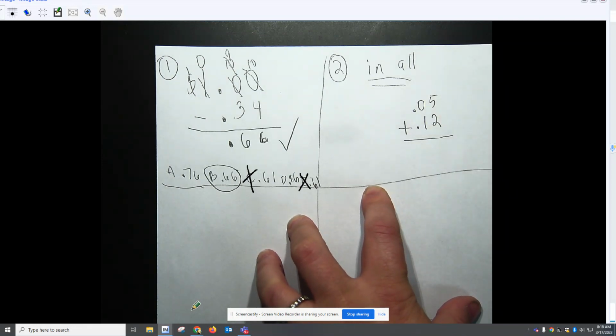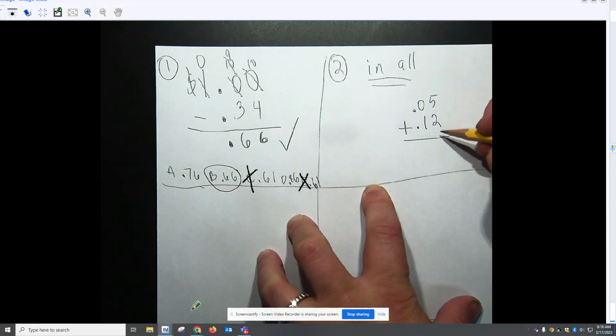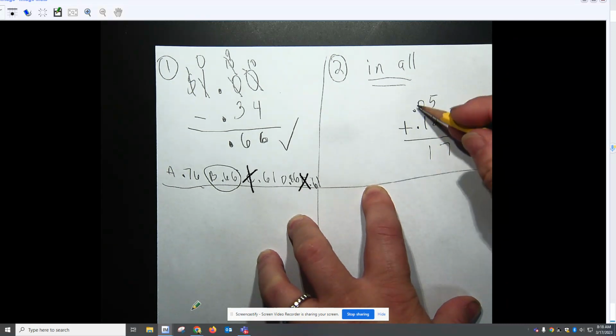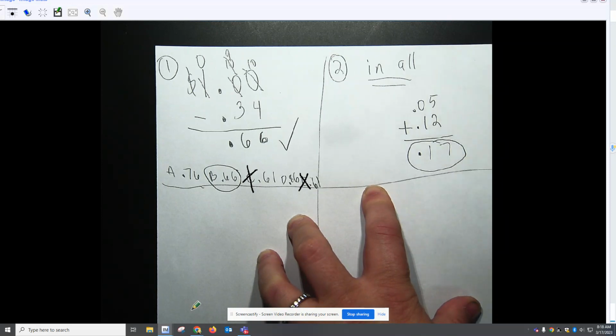Notice I didn't just write 12.5. I put in my decimal point because I know that money has decimals. 5 plus 2 is 7. 0 plus 1 is 1. I drop my decimal. Here is my answer.